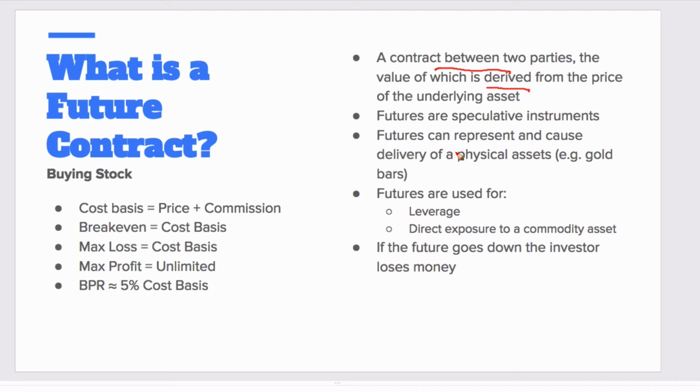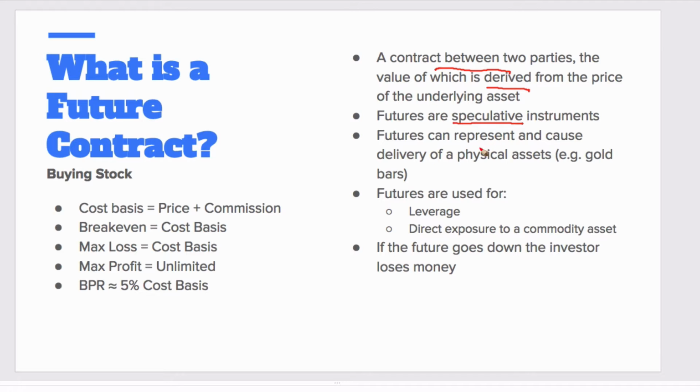Futures contracts have a date when they expire. They are generally considered to be speculative, which means that people in the futures market usually have some sort of assumption on the direction something is going to go, and they want to essentially make a bet, make a play on that.